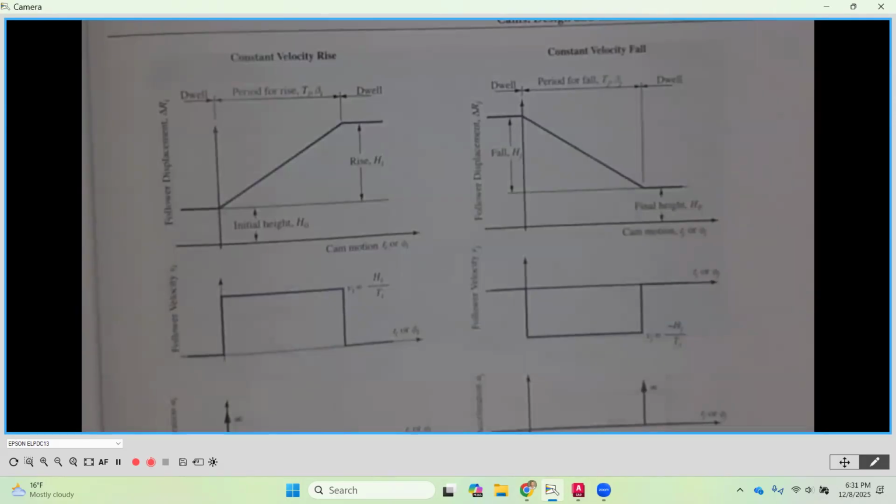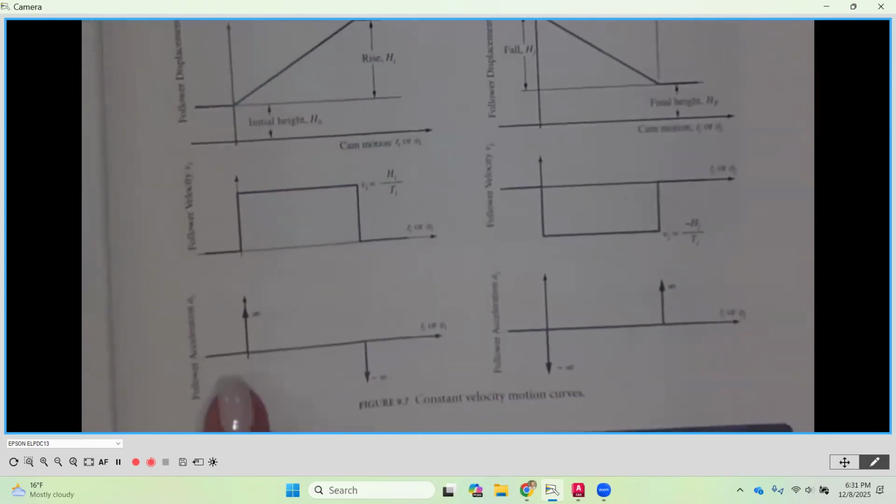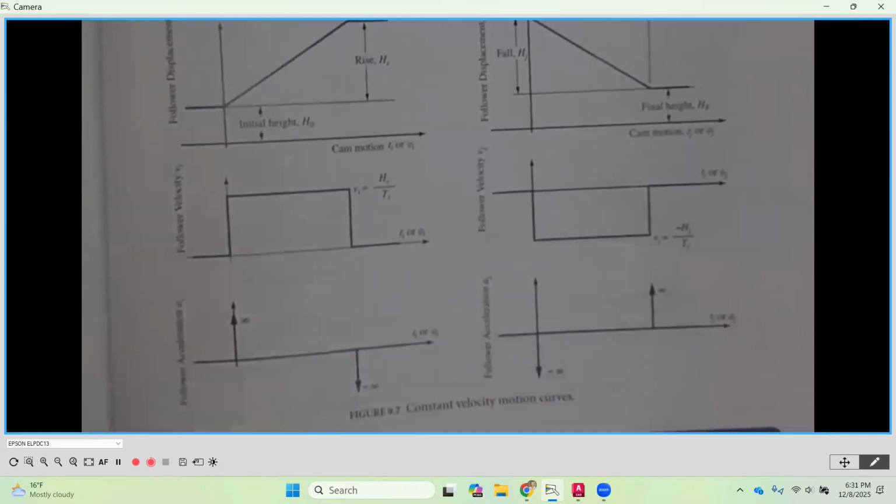And if we do, we risk our follower not being in contact with our cam, just because it's such a jerky motion, okay? Notice as well that the acceleration is to infinity, so that is not something we want to have.